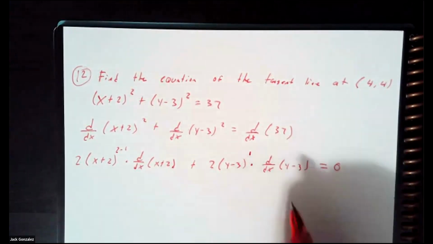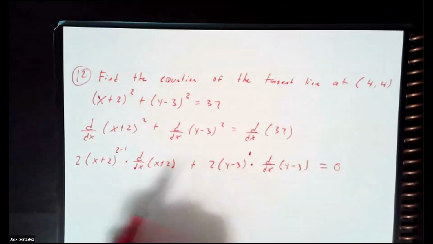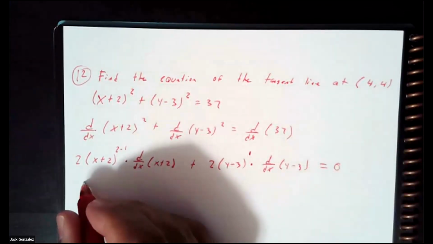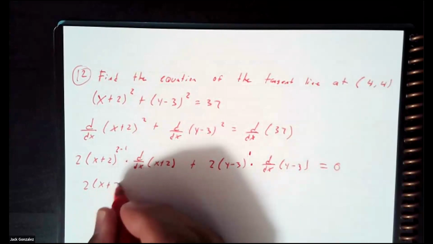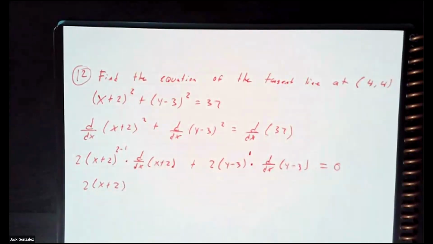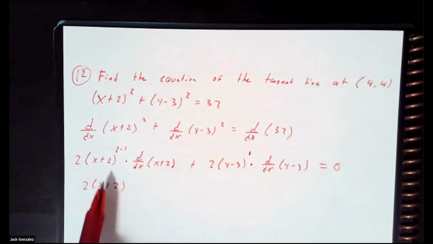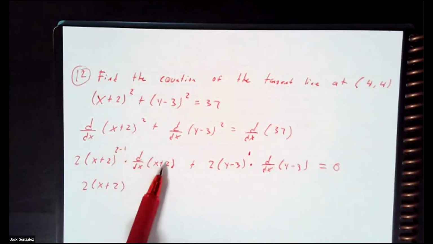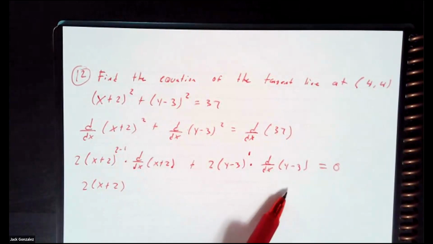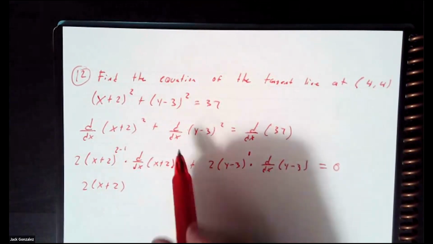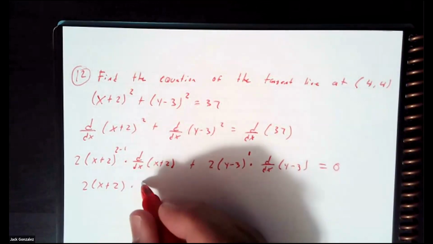All right, so how do you deal with this? Let's go piece by piece. So it'll be 2, x plus 2. Why do we write y minus 3 twice? We have a chain rule. We did it here, and then we have to do it again. The derivative of this is a 1, so that's easy.